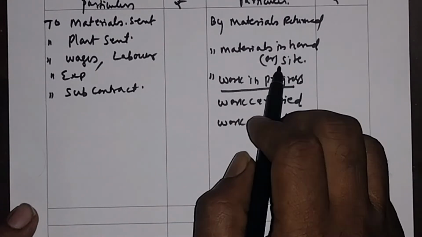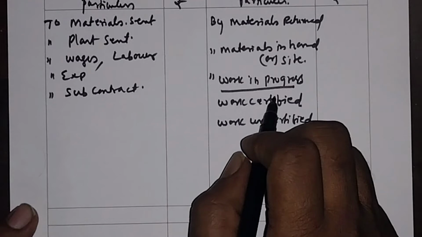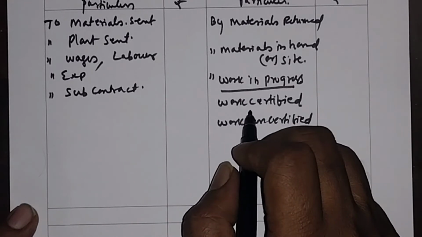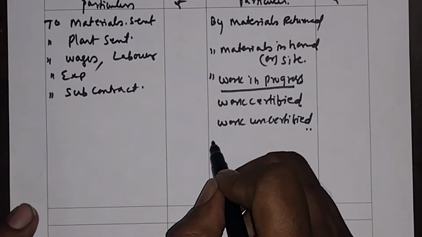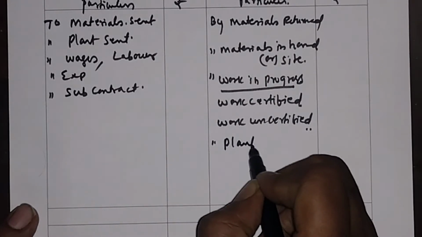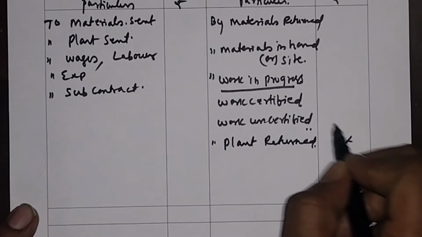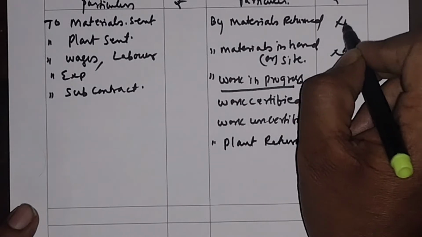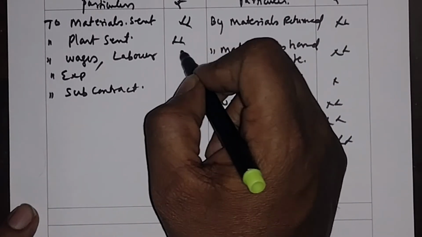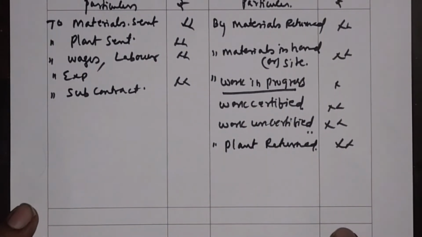Now materials in hand at site, it is credit side. Materials returned, it is credit side. Work in progress, work certified and work uncertified, is credit side. And plant returned also will appear on the credit side. Yes, these are the common items that appear on the credit side.